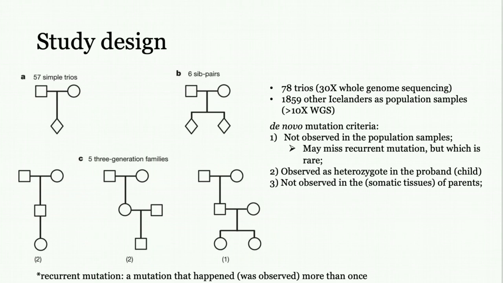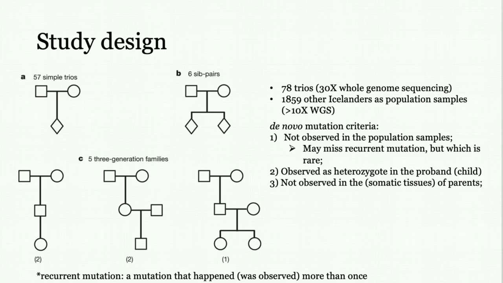The idea is that if a mutation is already observed in the general sample, then that mutation is unlikely to be de novo mutation. If a genetic mutation is already observed in the general population, you can remove it from your analysis.